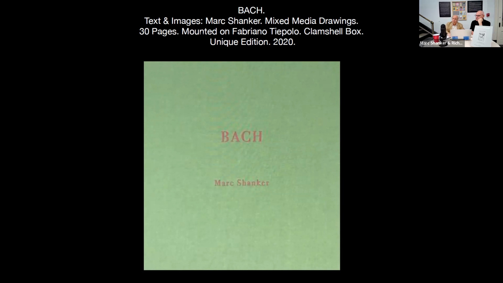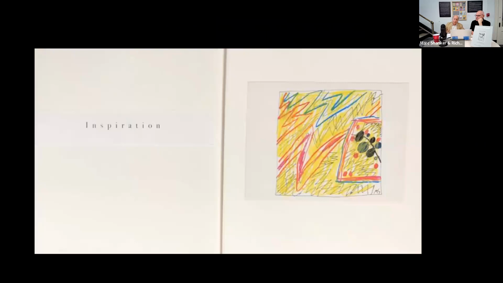So I decided to do a book about the qualities of Bach. And what I did was I wrote the qualities that I thought were most interesting and absorbing to myself, and then went through again drawings I'd done over the years to find drawings that correlate with the qualities of Bach.